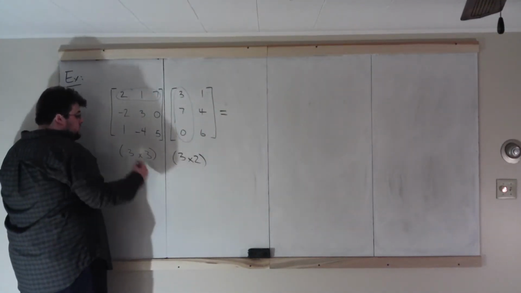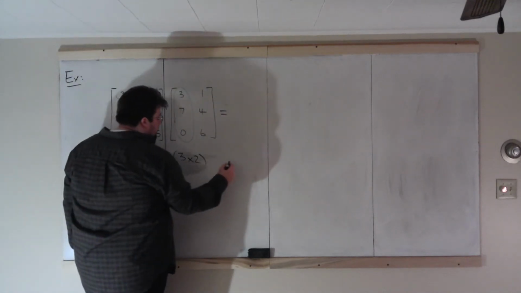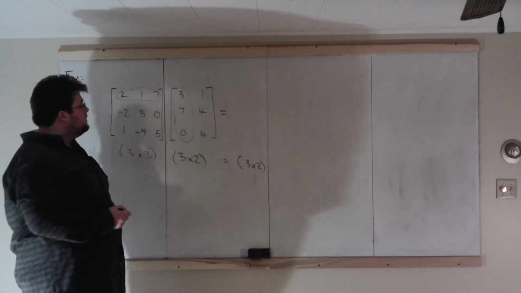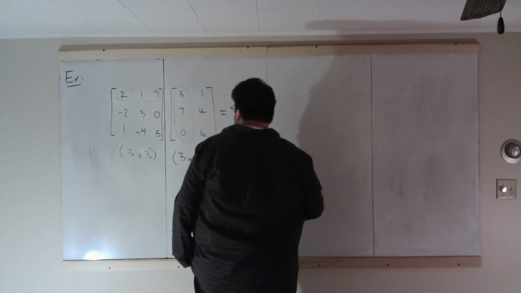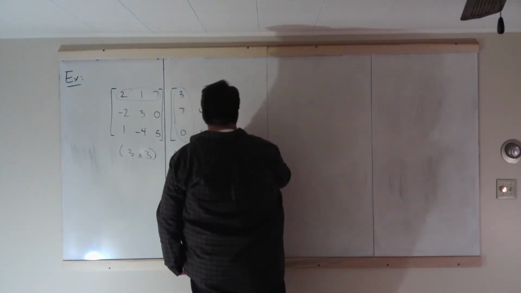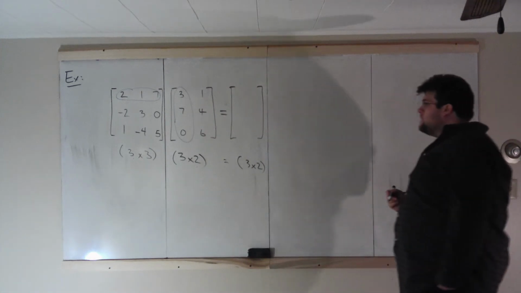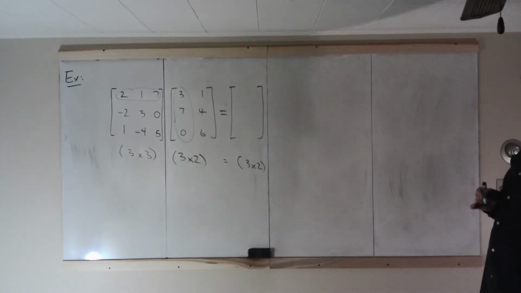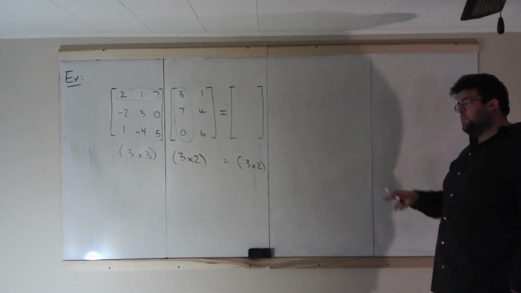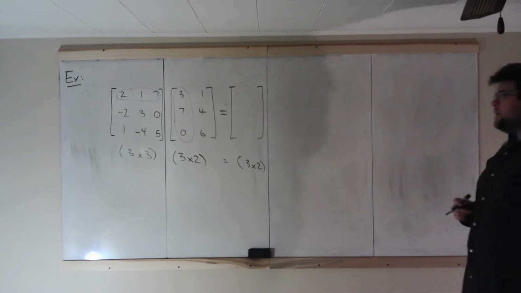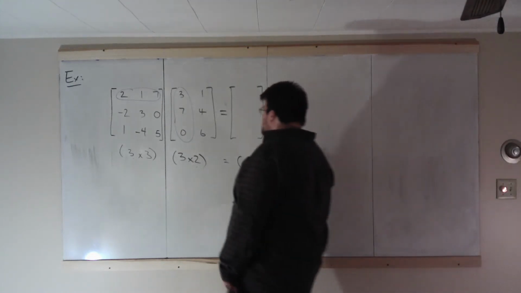These are equal, so it's defined, and the final answer will be a 3 by 2 matrix. What's a 3 by 2 matrix look like? Well, it has 3 rows and 2 columns. It looks just like the second one. As was the case in the first multiplication example we did, it wound up just looking like the second one. Is that always true? Well, no.